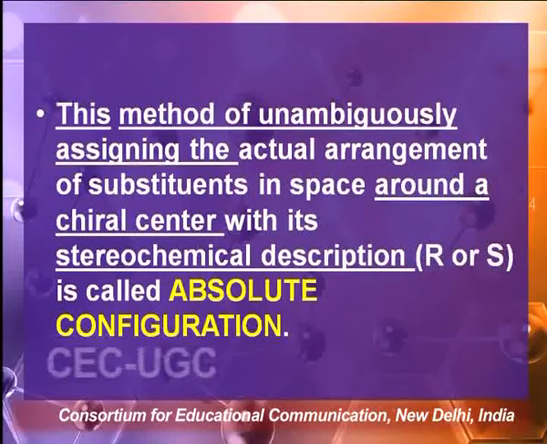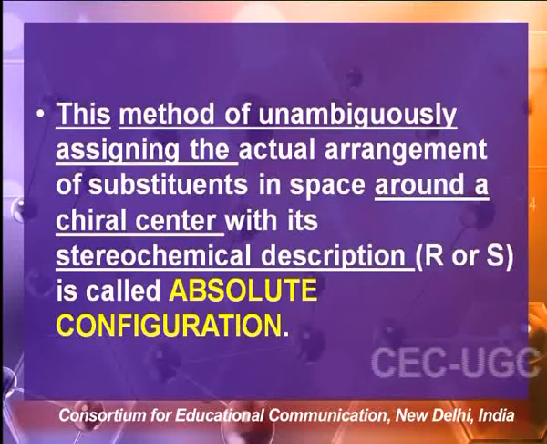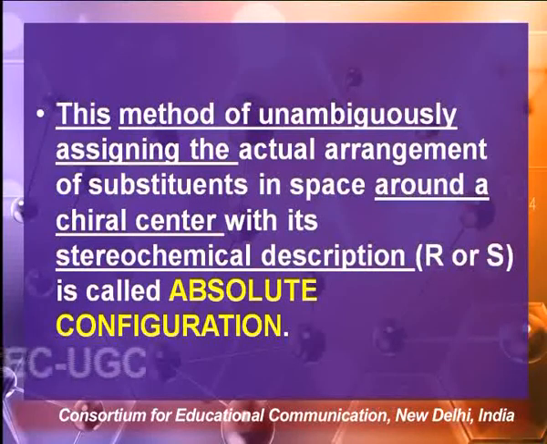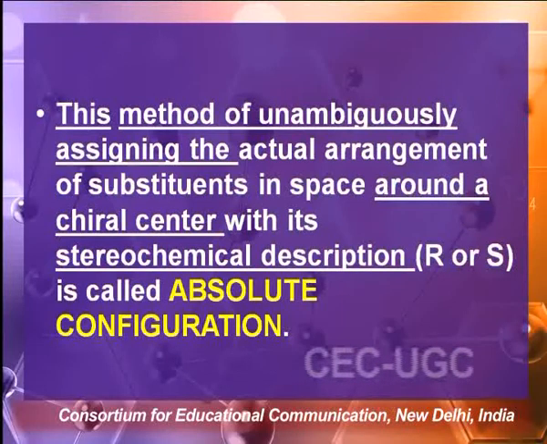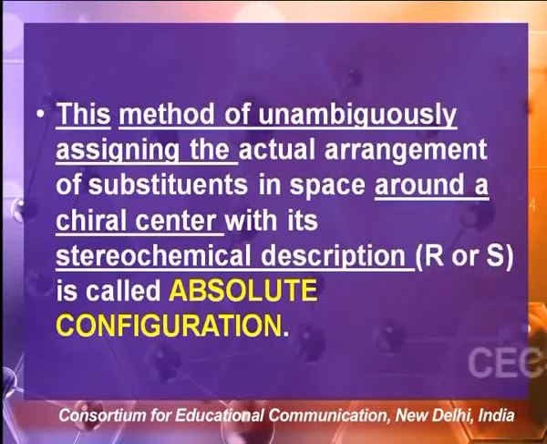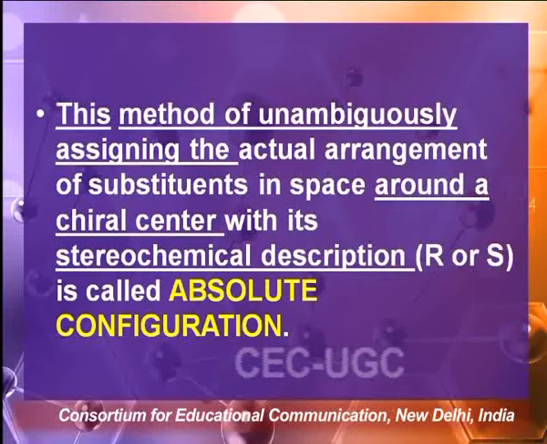So this method, that is the absolute method, describes unambiguously assigning the actual arrangement of substituents in space around a chiral center with its stereochemical descriptions, that is R or S, is called absolute configuration.